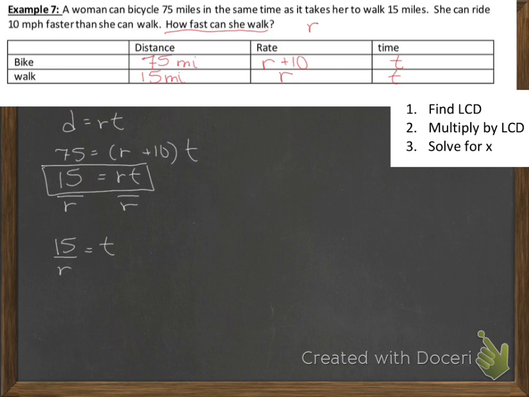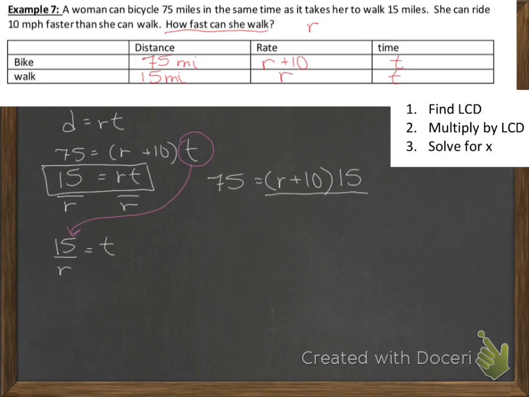Then wherever we see t in this other equation, we're going to replace it with 15 over r. So this becomes 75 is equal to r plus 10 times, not t anymore, but 15 over r.